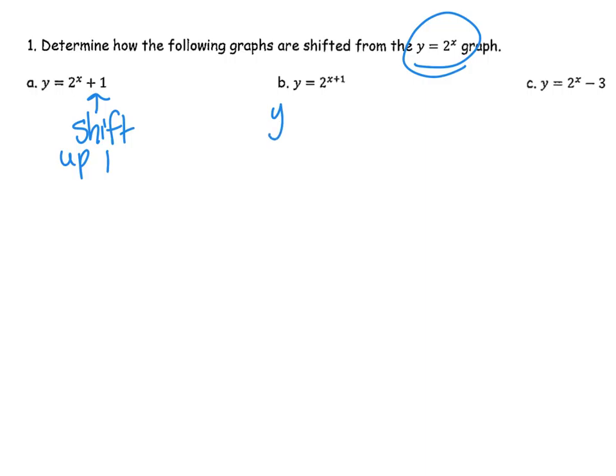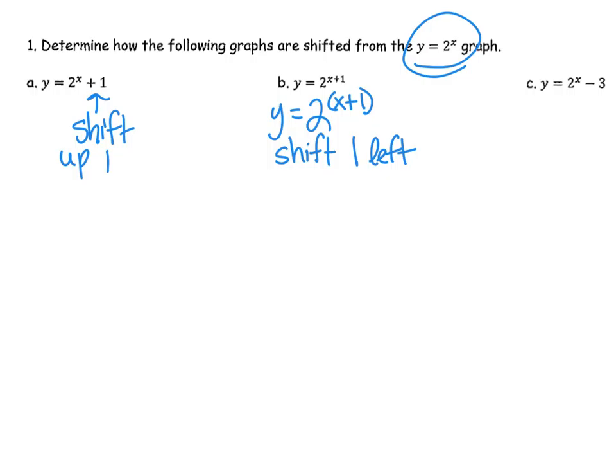I want to remind you on B that the x plus 1 is going to be the opposite sign. So I put it in parentheses right here to trigger your brain like, oh, the sign's going to be the opposite. And so here we've got shifting 1 to the left.